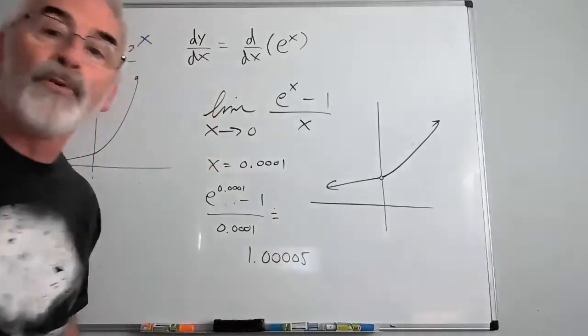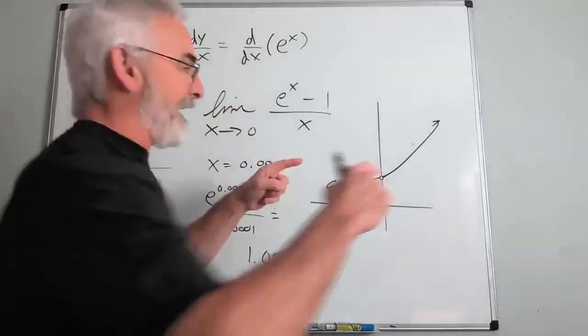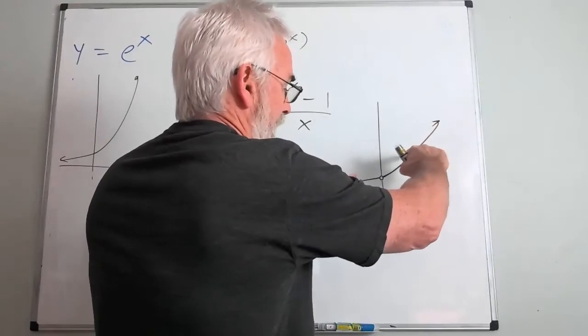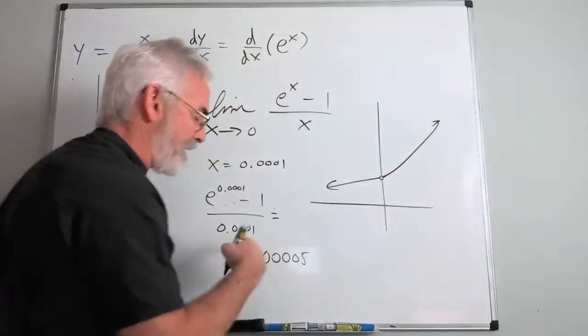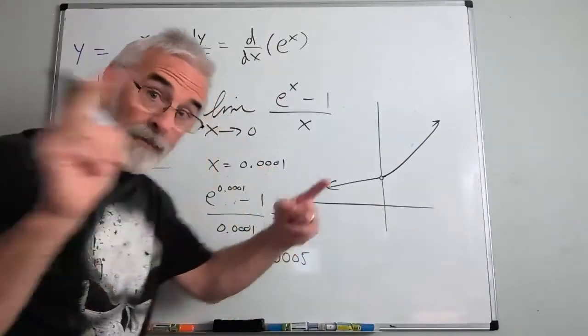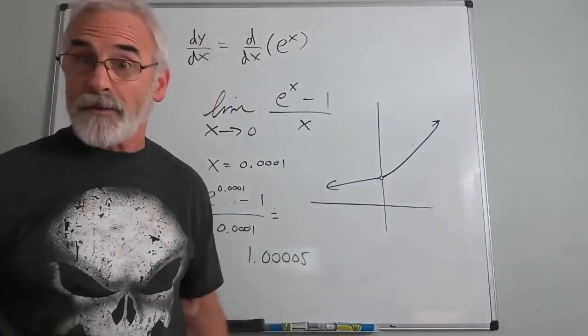Now, this doesn't prove anything, but it says, okay, if I were to graph this and I'm plugging in values closer and closer to 0, my y values, if I'm trying to graph it, are going to be really, really close to 1.